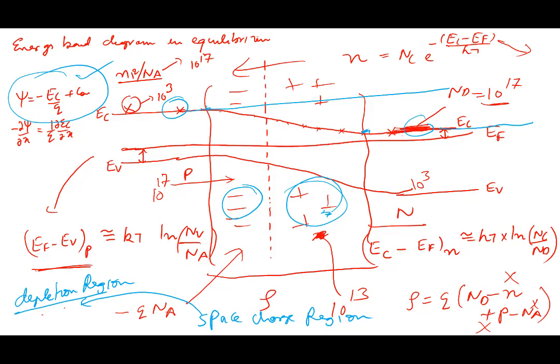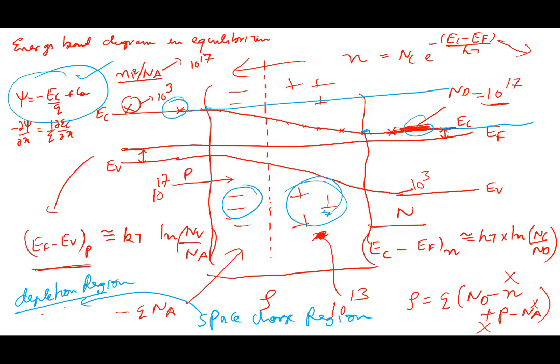Now, where does this potential come from? We didn't apply anything. Equilibrium means zero voltage. Where did this potential come from? It came about because of exchange of charges. Electrons flow from one region to the other, holes flow from the other region. There's an exchange of charges, and as a result you set up an electric field, and when you have an electric field, you have a potential.